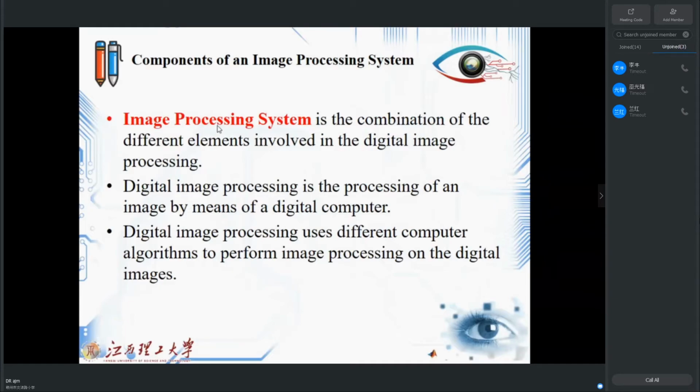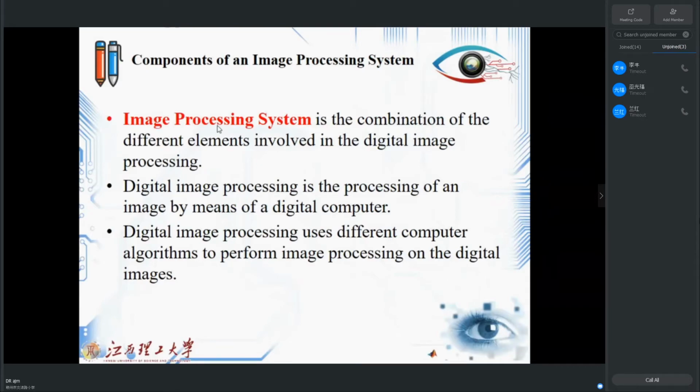In whole, we can say the image processing, or IP system, is a combination of different elements which are going to involve digital image processing for us. And digital image processing is the processing of an image by means of digital computers. This is something that we aim for. Digital image processing uses different computer algorithms to perform image processing on digital images.